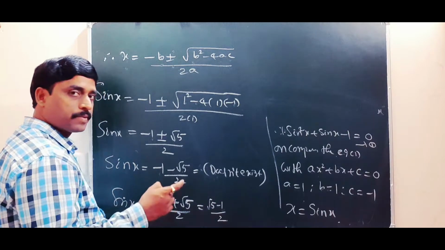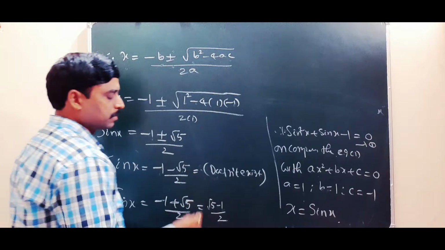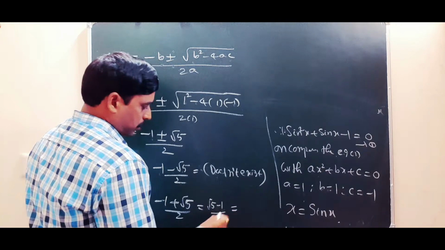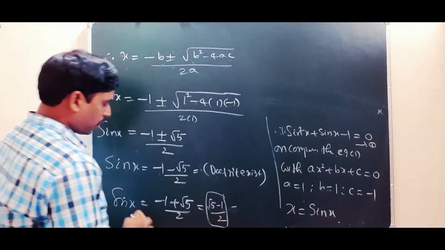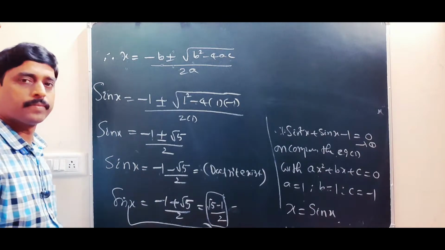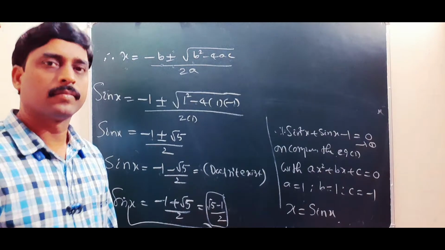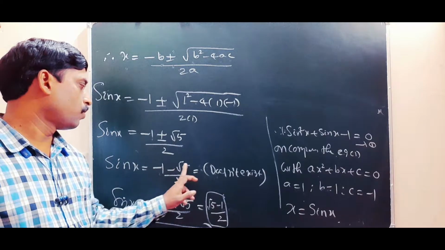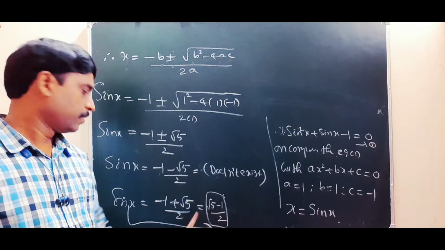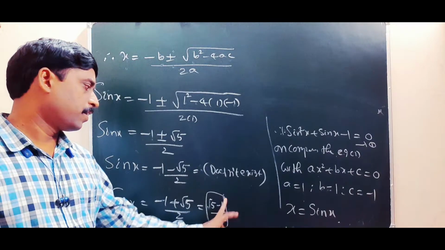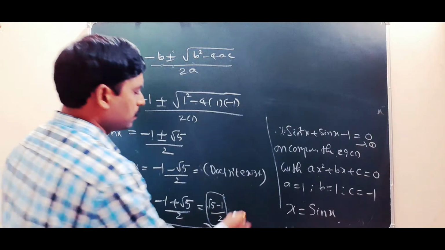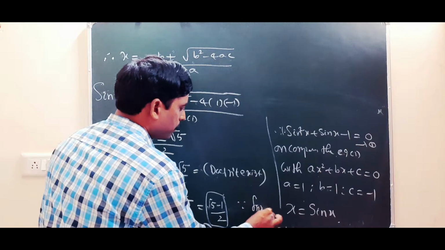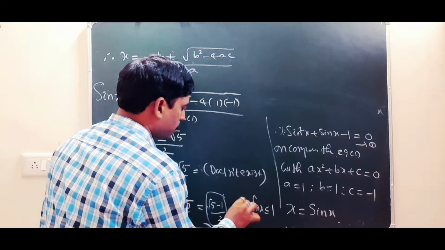The sin x lies between minus 1 to plus 1, so it exists. So the sin x value root 5 minus 1 by 2 is the correct answer. Sin x value minus 1 minus root 5 by 2 is not defined. So sin x is equal to root 5 minus 1 by 2 is defined, since sin x lies between minus 1 to plus 1.